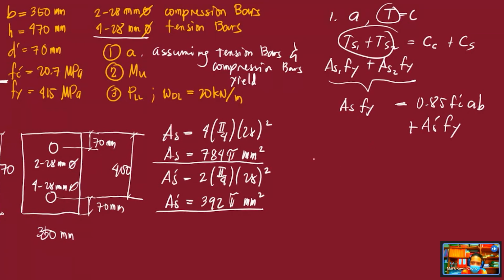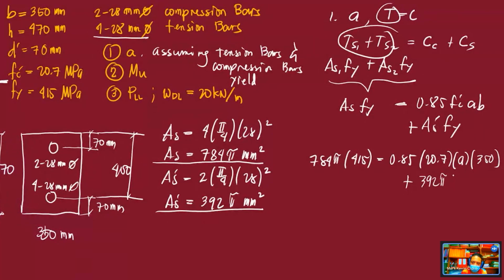Your AS is 784 pi multiplied by 415. This is equal to 0.85 times fc prime, 20.7, your a is unknown, your b is 350, plus, of course, your AS prime, which is 392 pi. It's here.